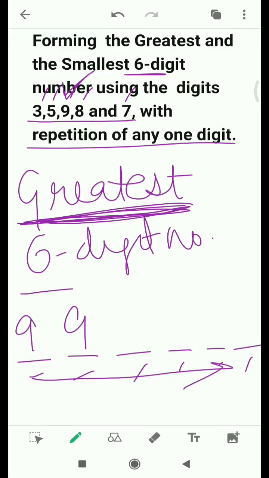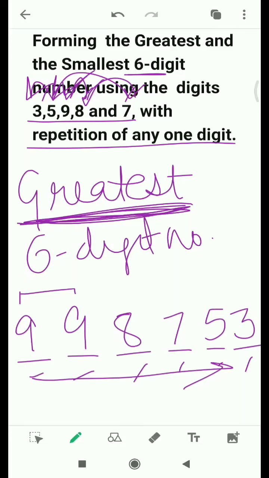So smaller than 9 is 8, smaller than 8 is 7, smaller than 7 is 5, and smaller than 5 is 3. This way you have to arrange them. So this is your required 6-digit number using the 5 digits, and we are repeating the greatest digit.